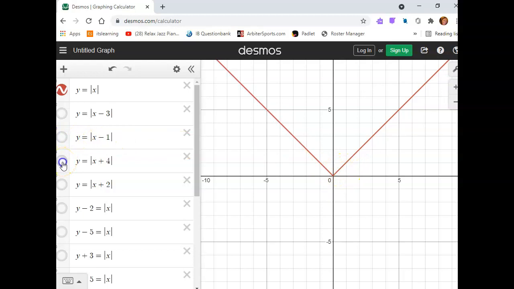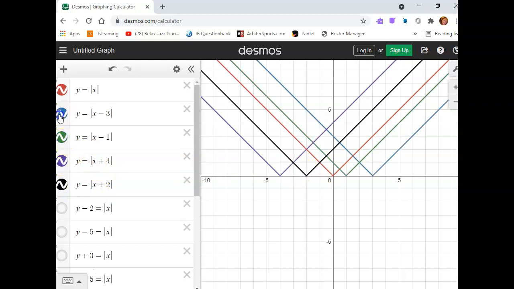When h was a negative 4, it moved 4 spaces to the left. And when h was a negative 2, because it says plus 2, it moved 2 spaces to the left. So you can see that by changing the h value, what we're actually doing is sliding the graph left and right.